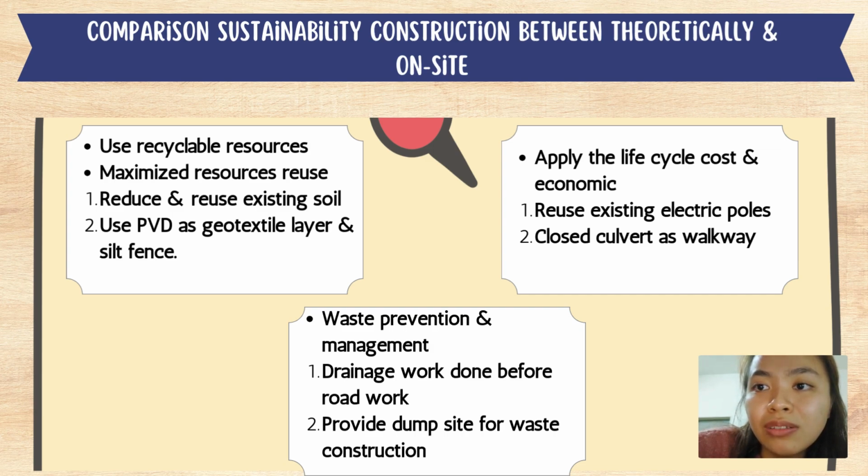Number two, for the theoretical, apply life cycle cost and economics. But on-site, we reuse the existing electric poles and closed culverts as walkways. The last one, waste prevention and management. The sustainability implemented on-site was drainage work done before road work, and providing a dumpsite for construction waste.